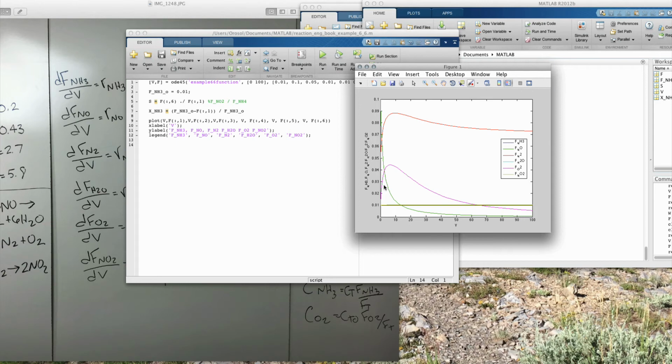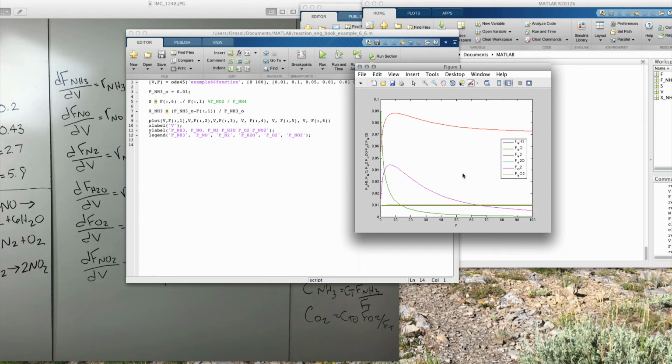But just eyeballing it, I would expect O2 and N2 to increase because they're forming in reactions 1 and 2, and then I would expect them to drop off because they're being used up in reaction 3.